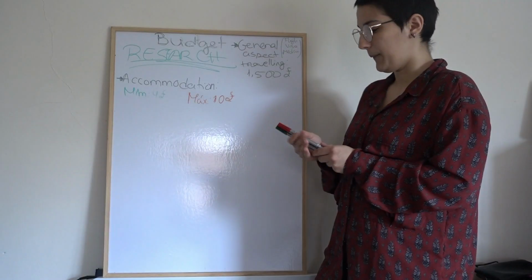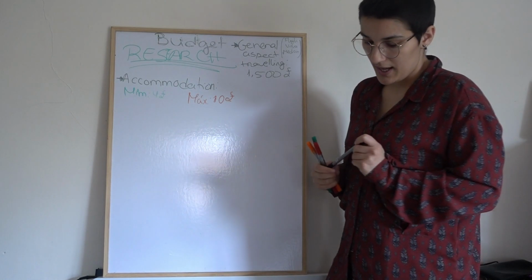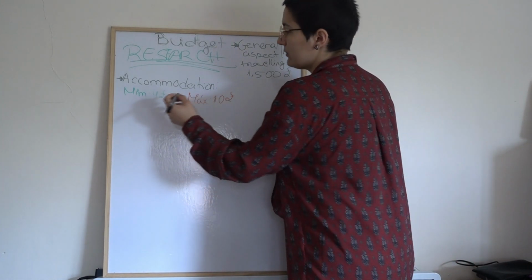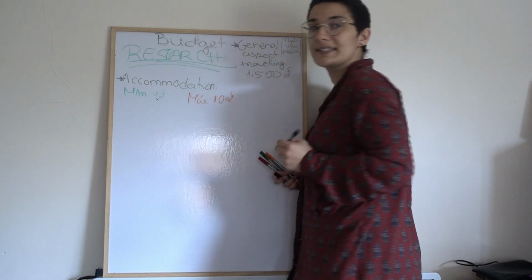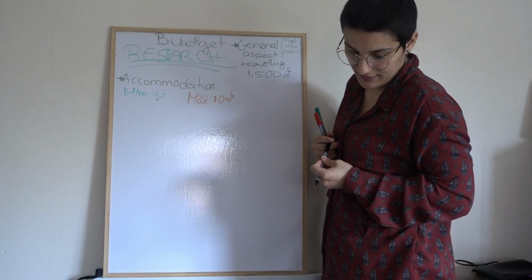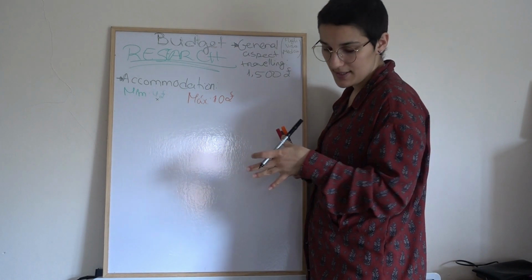Yeah? Good. So then what I do is I multiply this amount by the number of days that I'm going to stay in Thailand. In my case, I'm going to stay roughly 2 months.